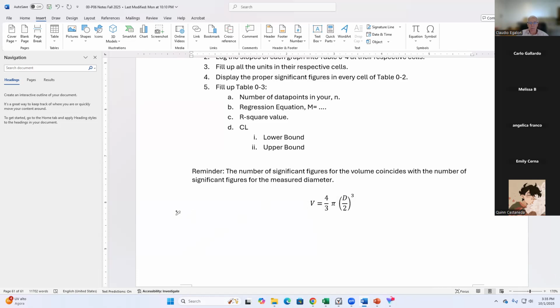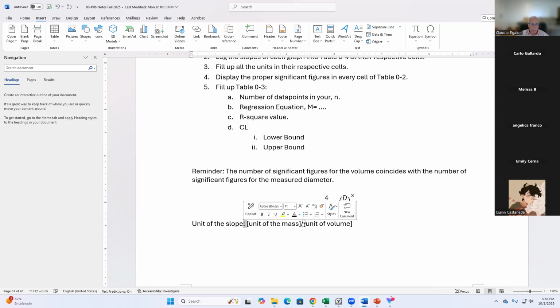Okay, so the unit of the slope is going to be the unit of the mass divided by the unit of the volume. That's what the unit of the slope is going to be.